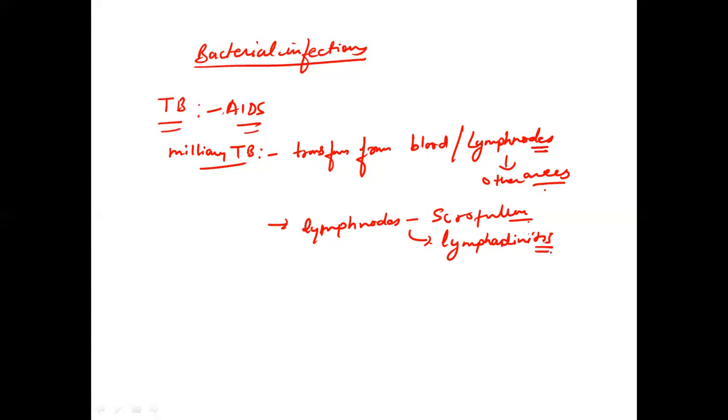So we have to remember some important things about TB. First is miliary TB. Second is scrofula, if it travels through lymph node. Third is Pott's disease.